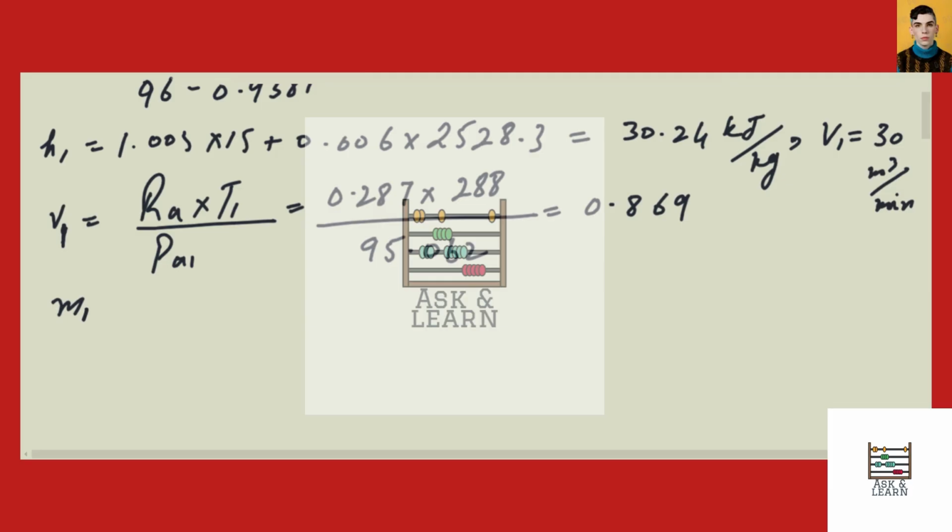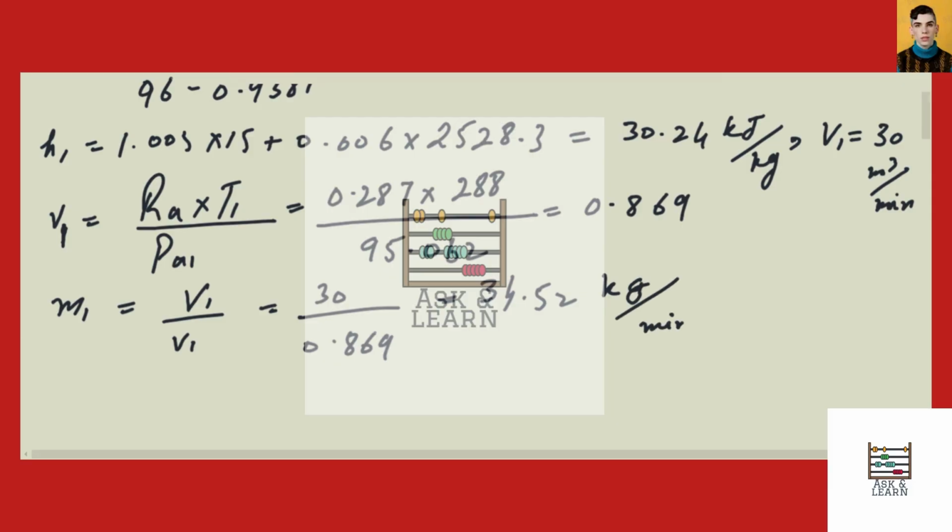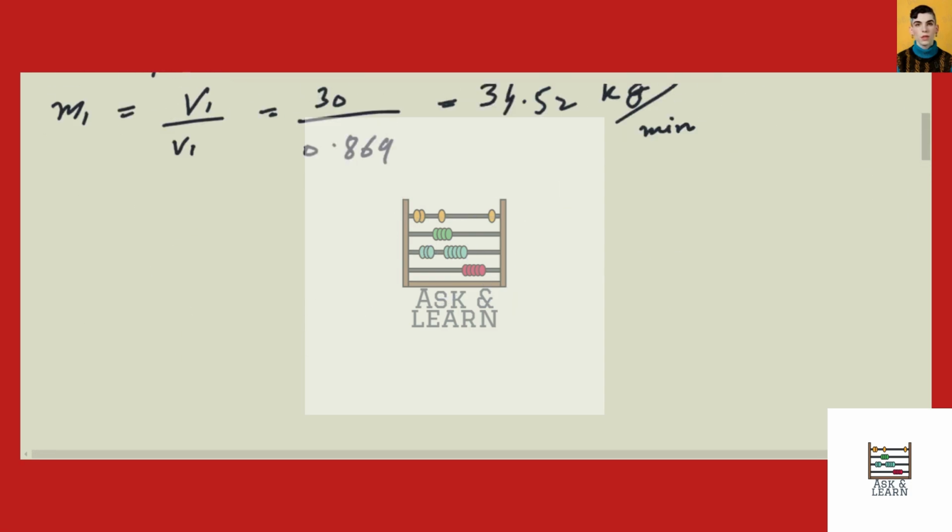So m1 is equal to V1 over small v1, is equal to 30 over 0.869, is equal to 34.52 kg per minute.